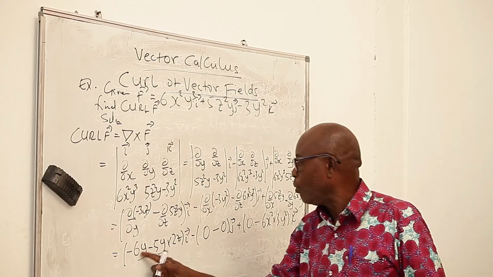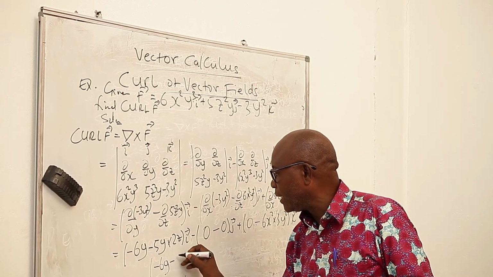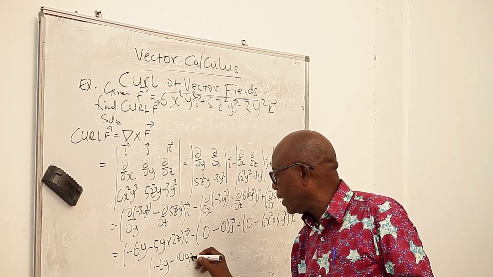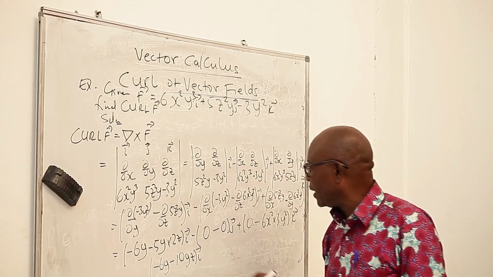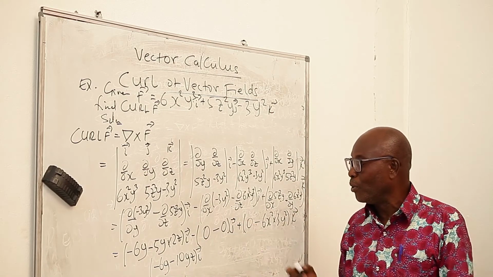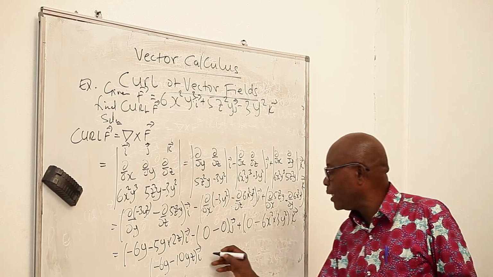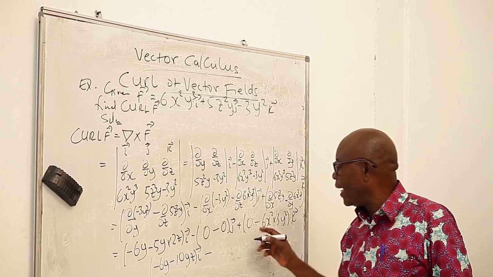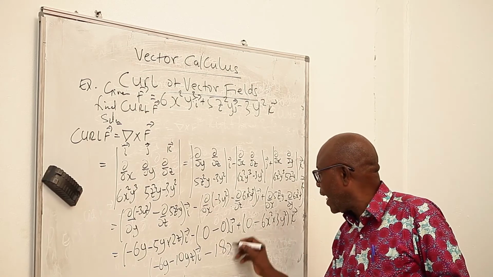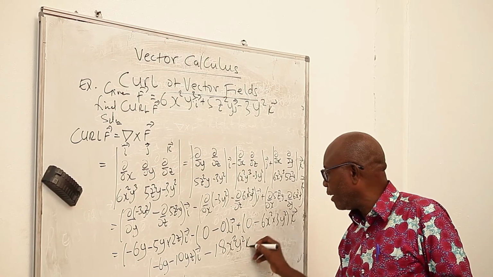So if you tidy up, we're going to have minus 6y minus 10yz in the i direction. And you see that the j direction is 0, so it is not there. It just eliminates itself. And then we have negative 18x squared y squared in the k direction.